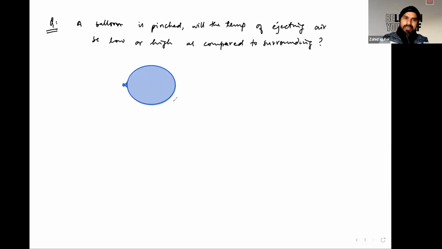On giving it a pinch, or on its bursting all of a sudden, will this process be adiabatic or isothermal? This bursting phenomenon of the balloon will be a slow process or a fast process? Fast.